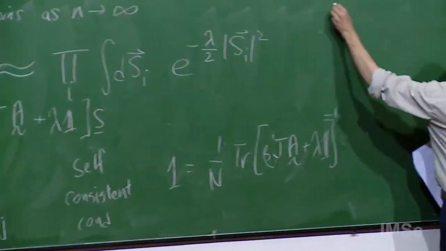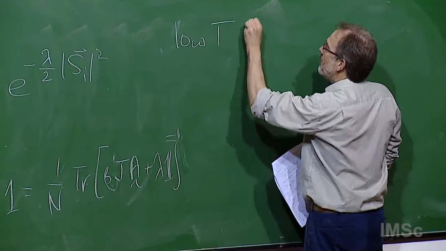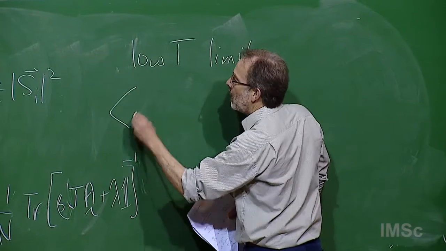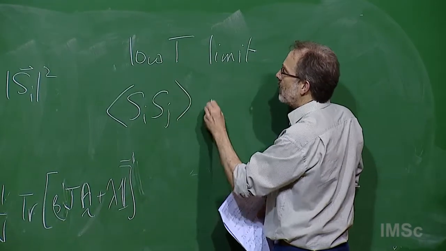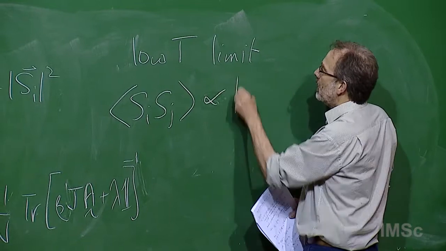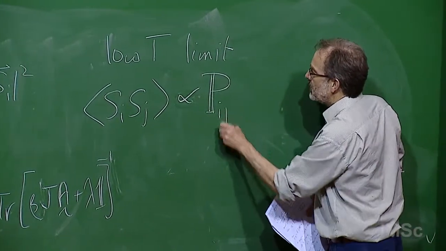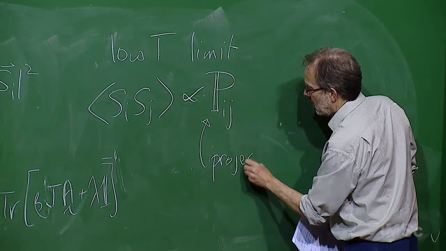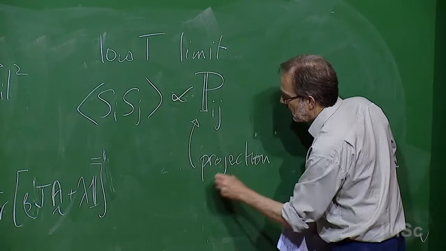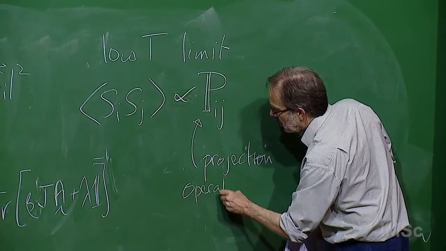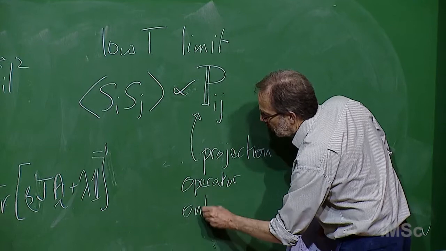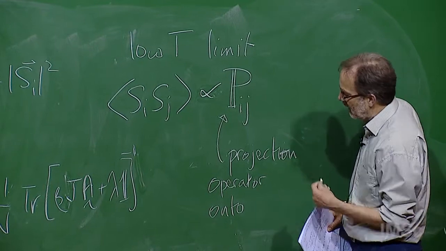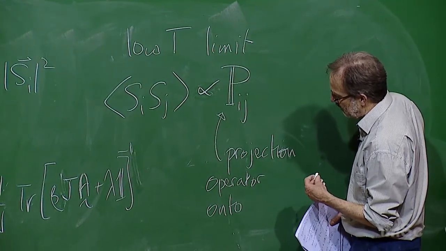So in the low temperature limit, S_i S_j ends up being proportional to something which is the projection operator onto the space spanned by the lowest eigenvalue of the interaction matrix.